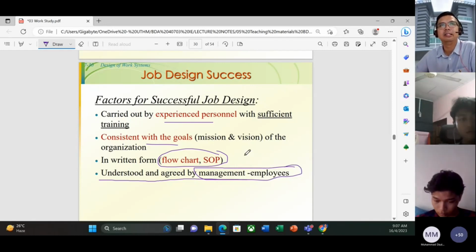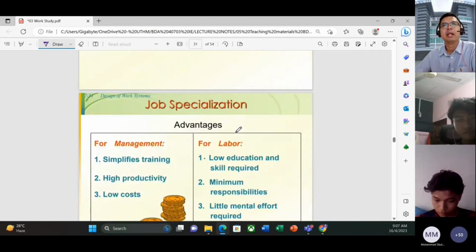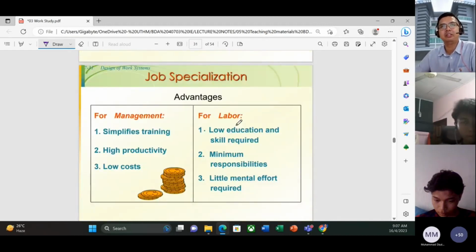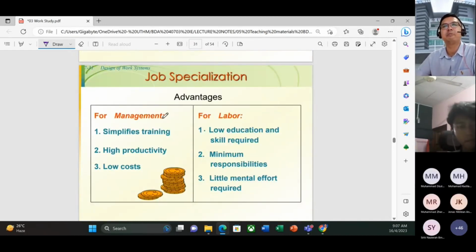And for job specialization, the advantages for management are simplified training, high productivity, and lower costs. But for labor, the advantages in job specialization are low education and skill required, minimum responsibility, and little mental effort required.